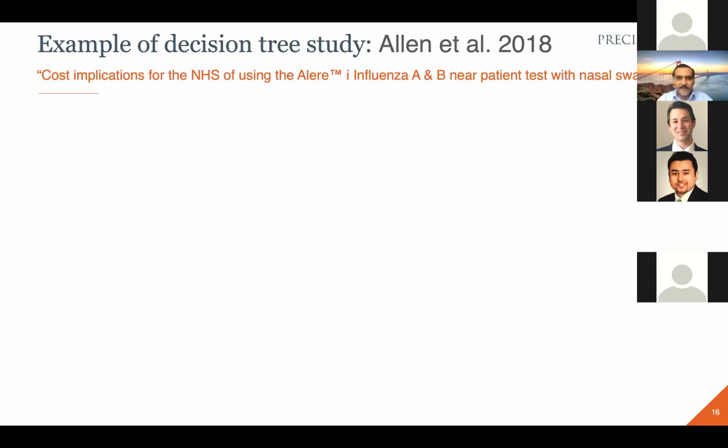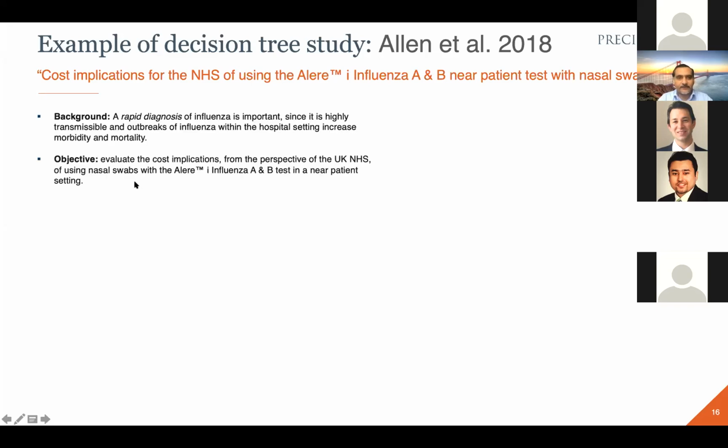But not only that, they also compared with a central lab. The central lab is the gold standard that we use for testing procedures. So they wanted to see this rapid nasal swab test, comparing it with throat swab point of care, and also with a central lab testing facility.